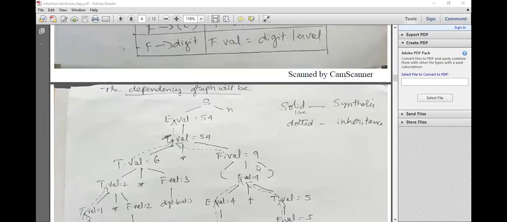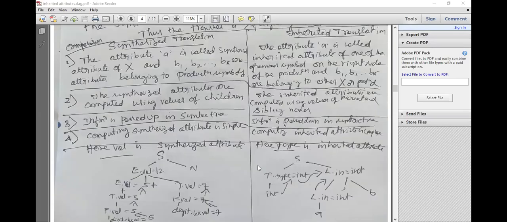Come to the next topic. Last class we already gave the differences between synthesized and inherited translation. One or two I will say. Information is passed up the syntax tree in synthesized translation, but passed down the syntax tree in inherited translation.